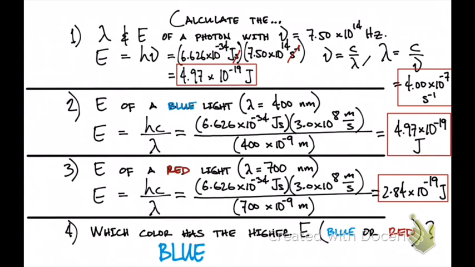It can burn your skin, compared to red or infrared, because infrared is weak in energy. And so again, red and orange, those are the weaker energy, whereas the blue and violet are the higher energy if we're looking at the visible region of the spectrum.